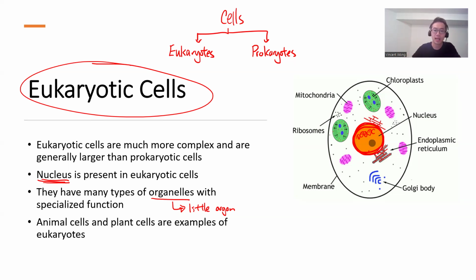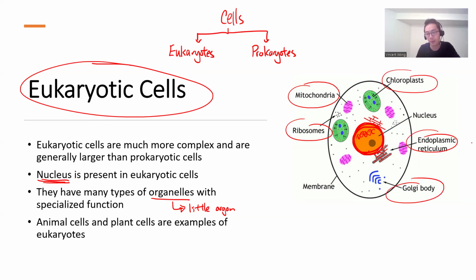Yes. Thank you. Excellent. Okay, so what was it? The organelles, the little organs. There are many different types, and we're going to learn all of them. And they have different functions. So there are many different types of eukaryotic cells. Animal cells and plant cells are examples of eukaryotic cells.